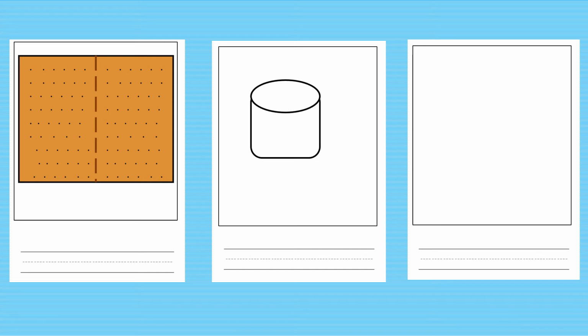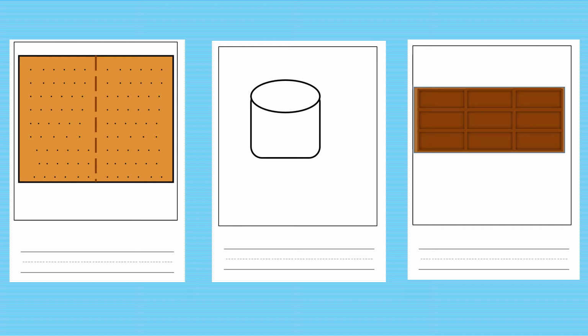And then on the next one, I would have a marshmallow. And then my last page, I would have my chocolate. Now I would make it super easy for my beginner writers, and I would just do one part of it on each page. You don't want to get them overwhelmed, so each page gets one part of your story.